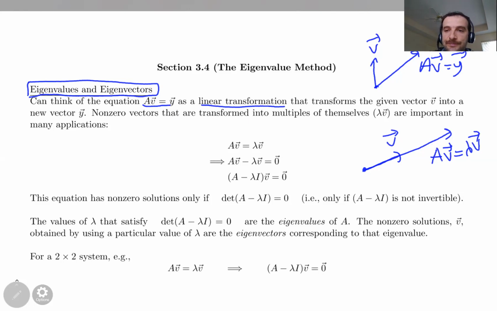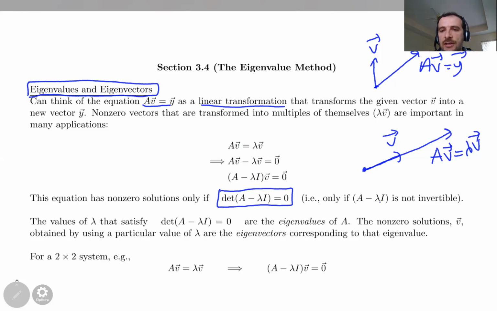I want to have this situation: A times v equals lambda v. I can move the lambda v to the left: Av minus lambda v is equal to the zero vector, and I can factor out v on the right. So (A minus lambda I) v is equal to 0, and this equation has non-zero solutions only if the determinant of A minus lambda I is equal to 0.